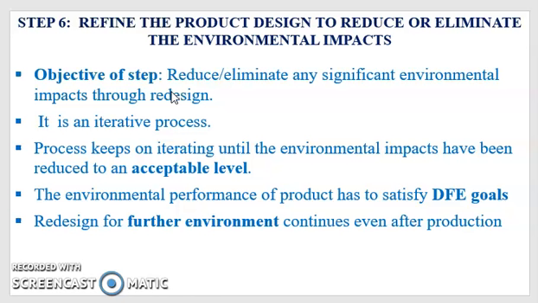The environmental performance of a product has to satisfy the earlier set DFE goals to complete the entire process. Redesign for any further environmental performance improvement may also continue even after the product has been launched. This improvement will be considered in the next generation of the redesigned product.